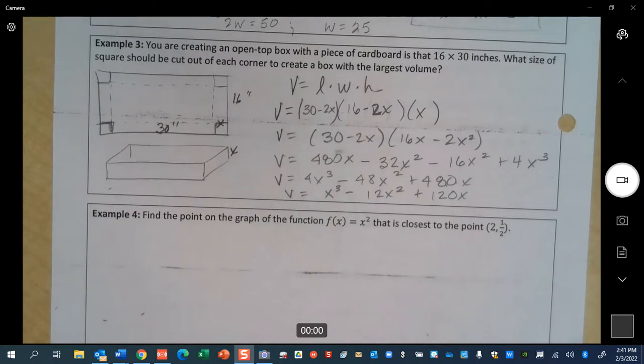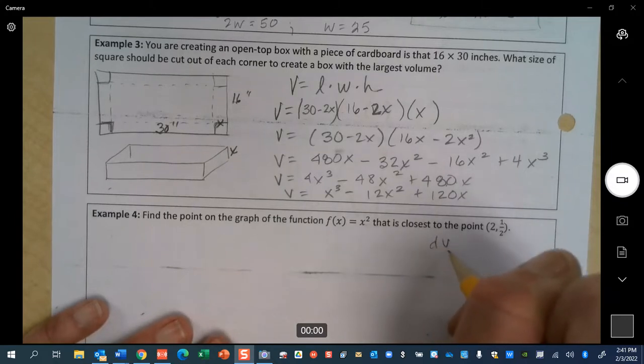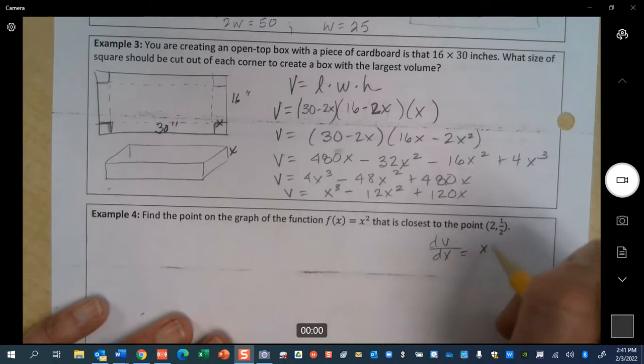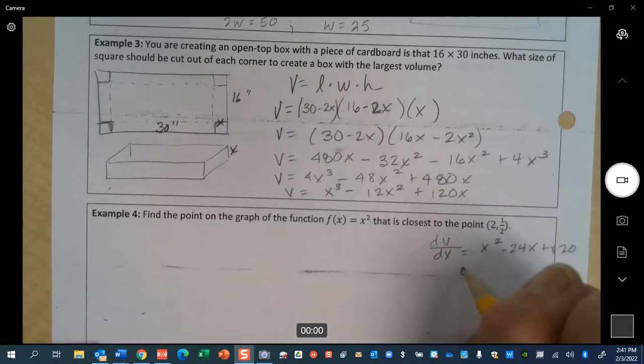So I'll go ahead and I'll differentiate that. I'll say that dV dx is equal to x squared minus 24x plus 120. Set that equal to 0.